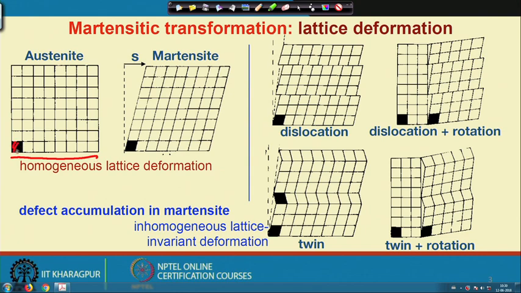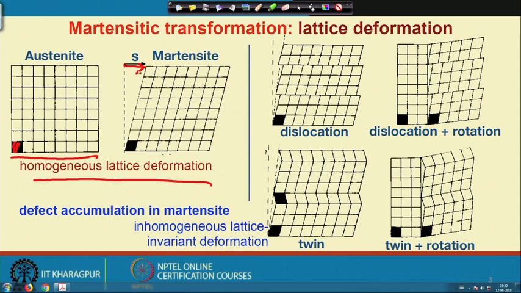A small cell is shown here which looks like a square, and for martensite to form I have given a shear, which is a homogeneous lattice deformation, represented by an S vector. This is the net amount of the shear that is involved in this process.